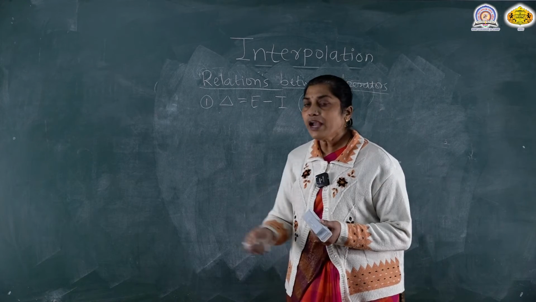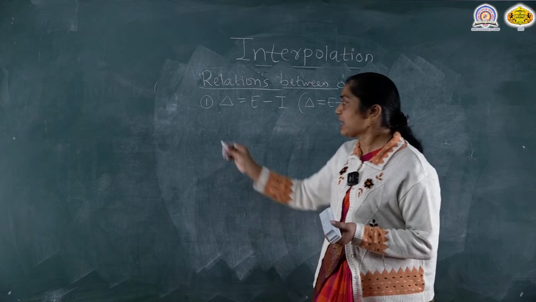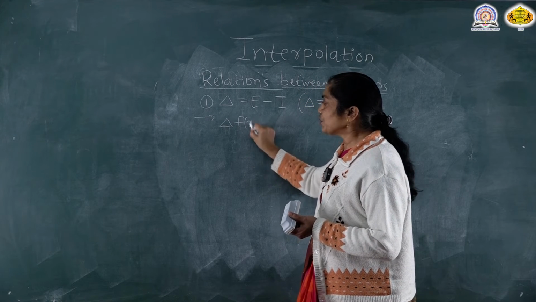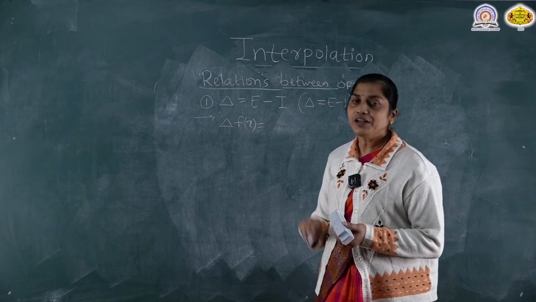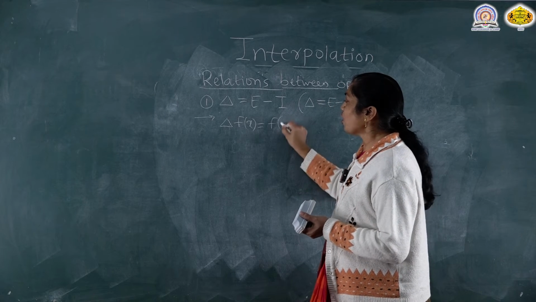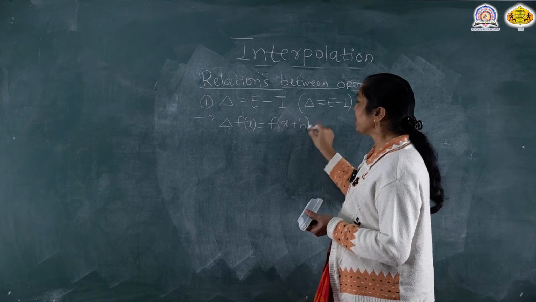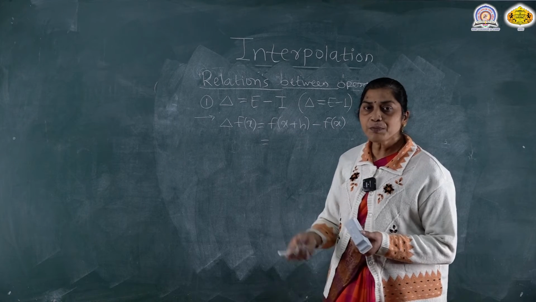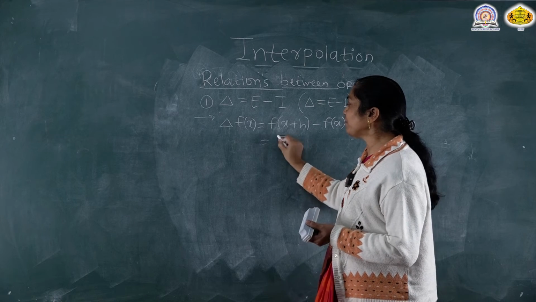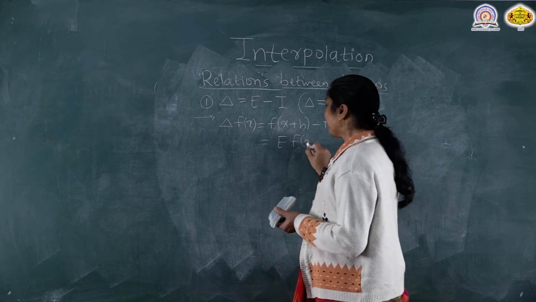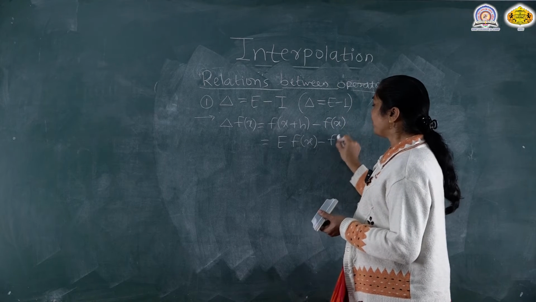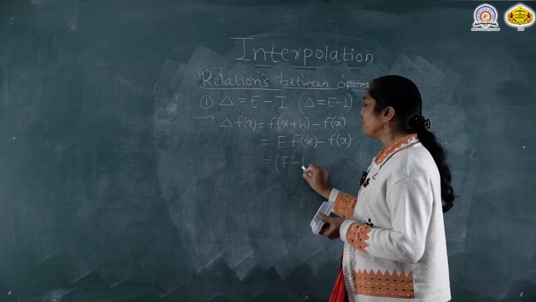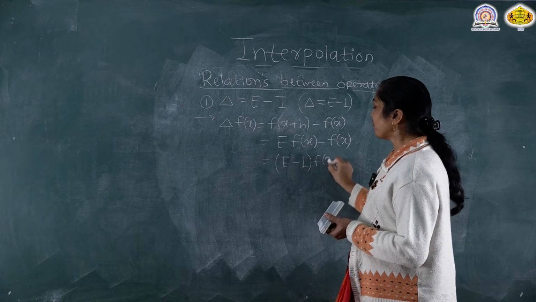So how do we prove that delta is equal to E minus I? We will start with delta f(x) and use the definition of delta. Delta of f(x) is f(x + h) minus f(x). But we know that f(x + h) is nothing but E f(x). So we get E f(x) minus I f(x) or 1 f(x). If you take f(x) to be common, we get (E minus 1) of f(x).